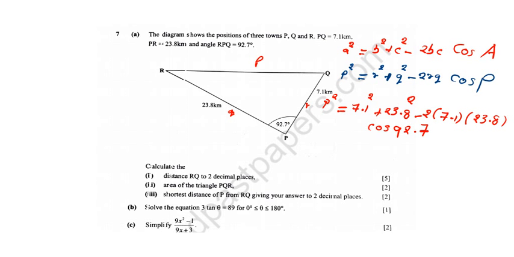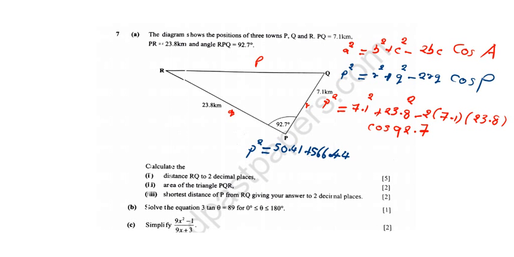So P squared is equal to, when we do 7.1 squared, it is 50.41. So 50.41 plus 23.8 squared, it is 566.44.